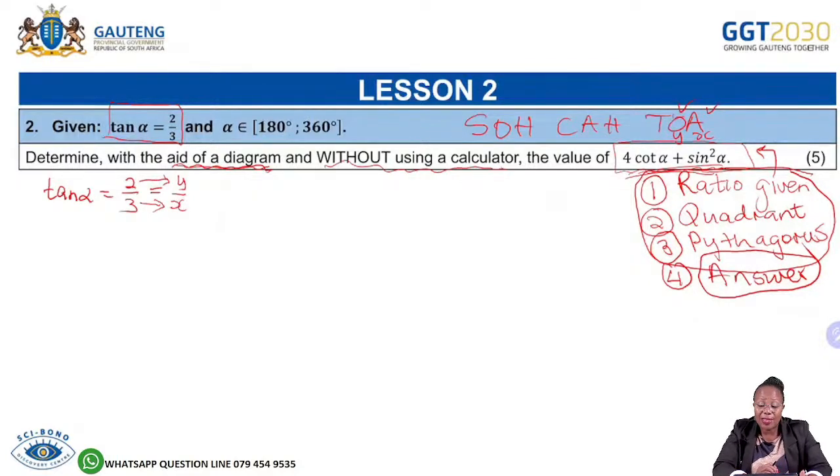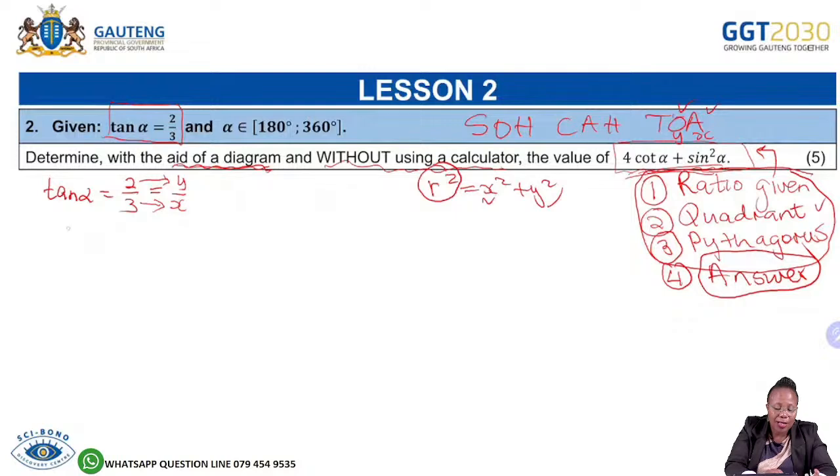So as you look at that in Pythagoras theorem, r squared equal to x squared plus y squared, you can see now you have a shortage of r there because x is there and y is there. Okay, but you cannot go to Pythagoras before you go to the quadrant. Can you see that? Step number 2, you must identify the quadrant.